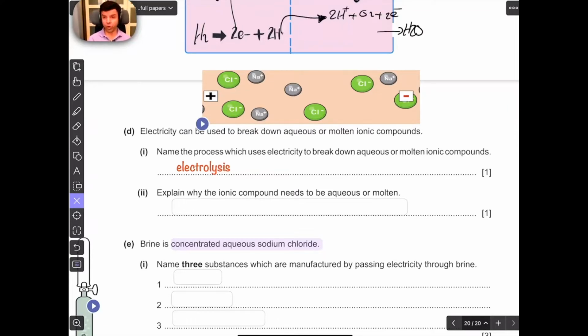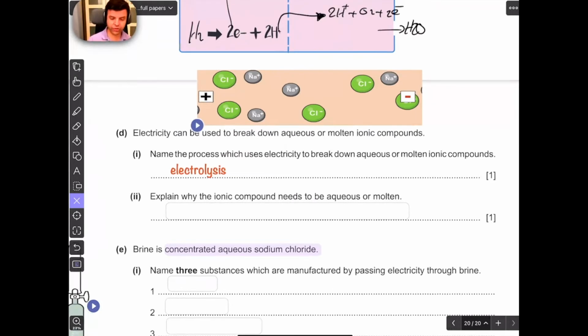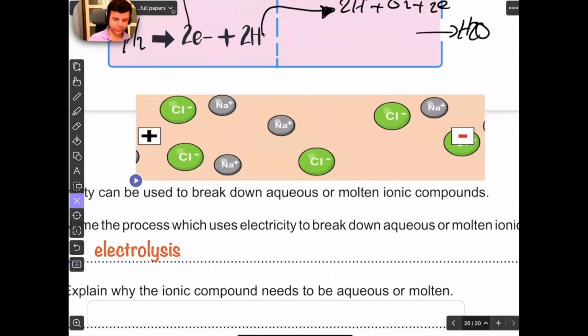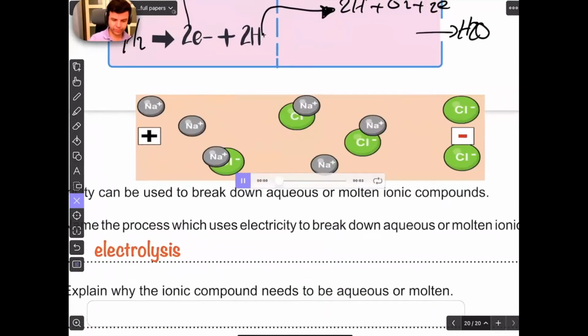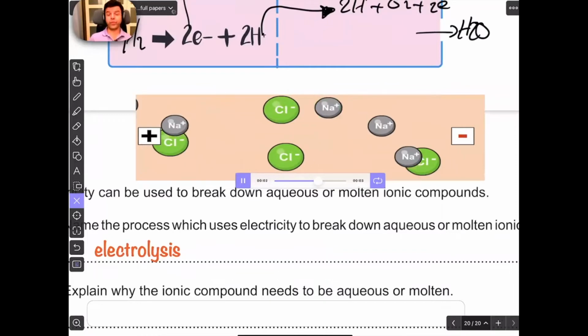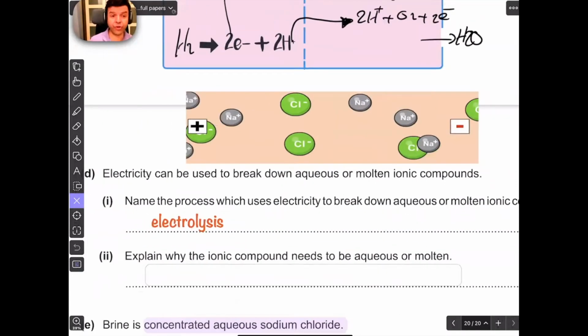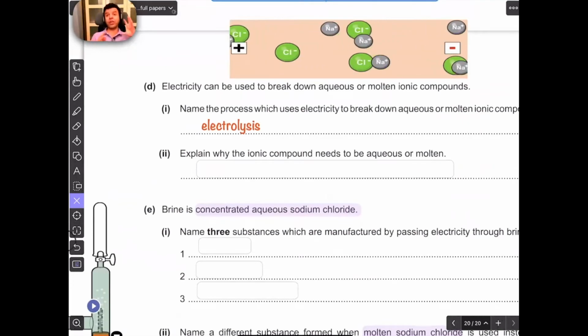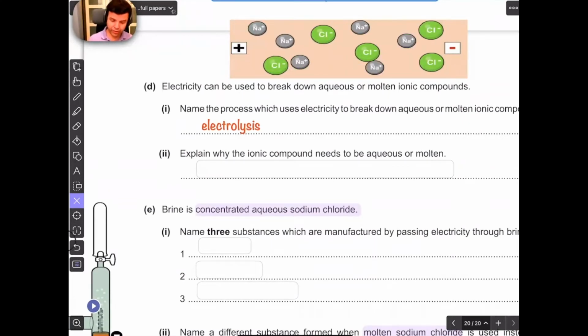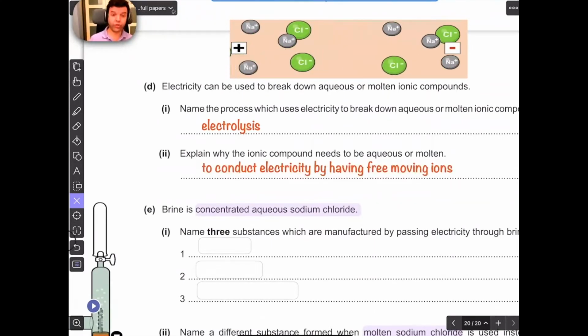Why does electrolysis only work if the ionic compounds have been either molten or dissolved into water? Faisal, do you know? Yeah, so the ions are free to move, so they can conduct electricity. Very good. So you can't have electrolysis unless you have free moving ions, and that can only be achieved if the ionic compound either got molten or dissolved into water.